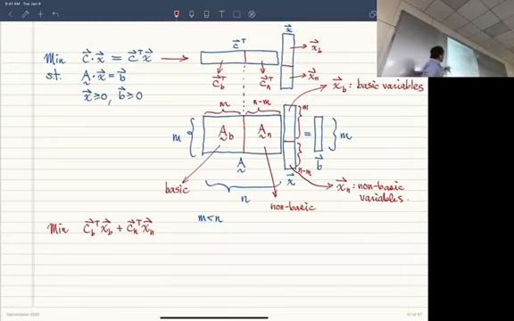We can do the same thing for the constraints. The constraints become AB times XB plus AN times XN equals the b vector. Because whatever is over here will only multiply with whatever is on top of here.